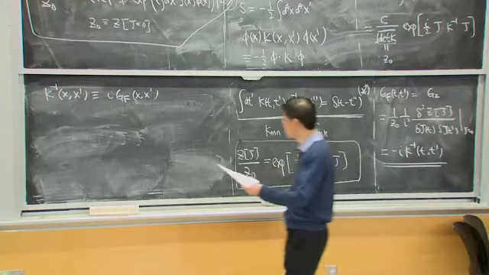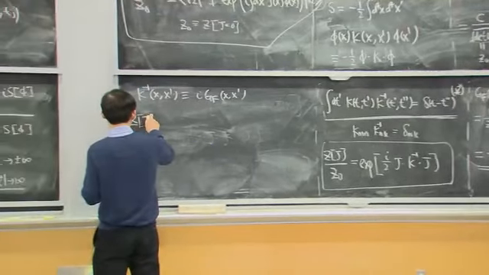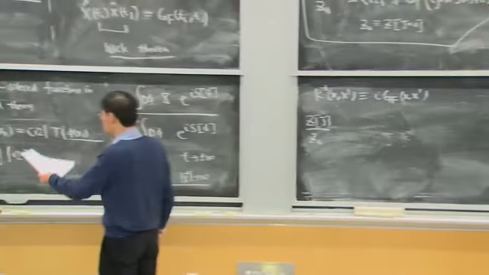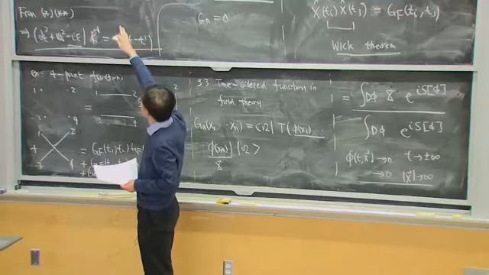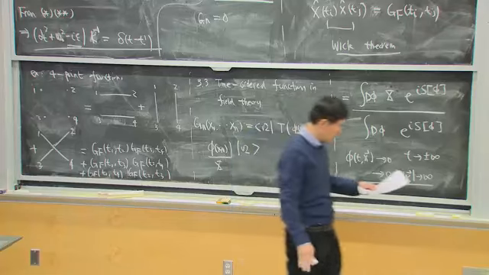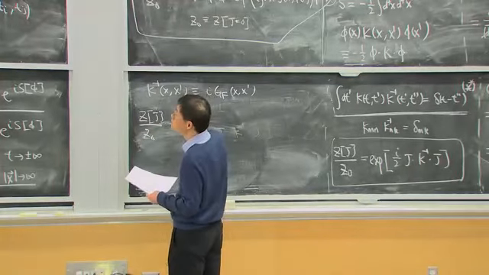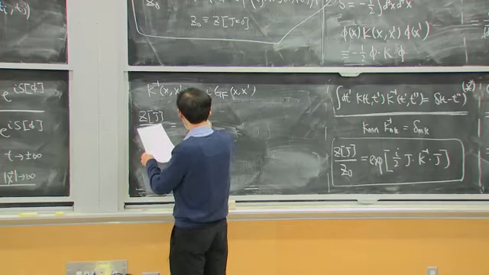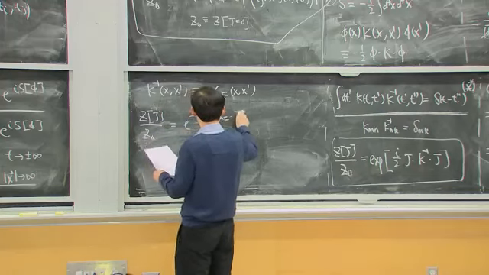So now the final answer, Z_J divided by Z_0, is exactly the same as before. You just replace the dt integral by the d⁴x integral. So let me just write it: the exponential of minus 1/2 J G_F J.